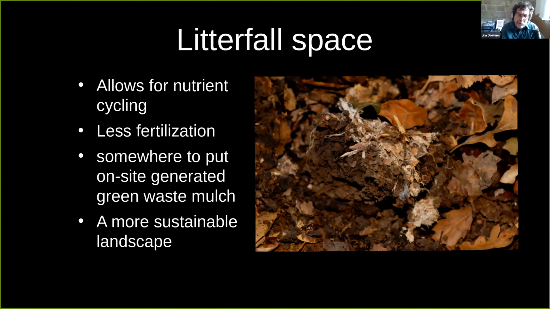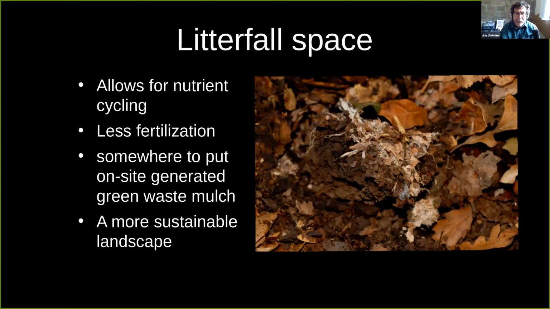And in landscapes, this basically equates to mulch, and it gives us somewhere to put our green waste, actually. I kind of envy the idyllic notion that we could keep our system self-contained, that we don't need to dispose of green waste, we reutilize it.